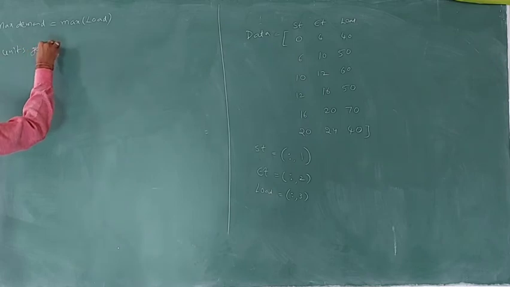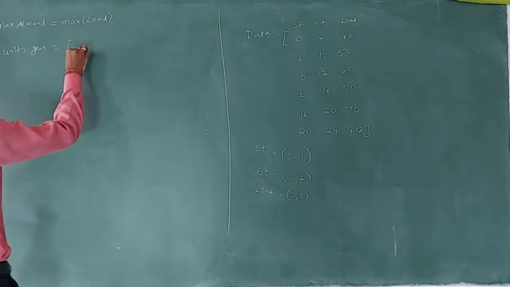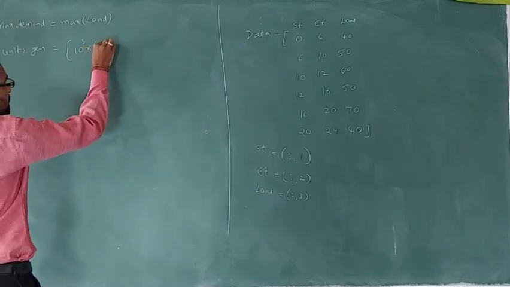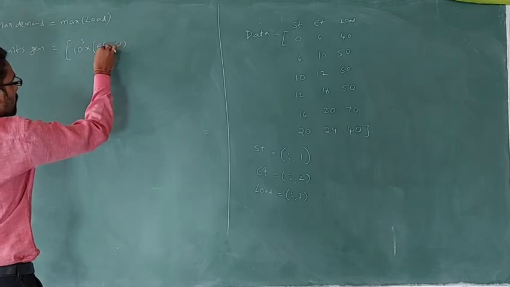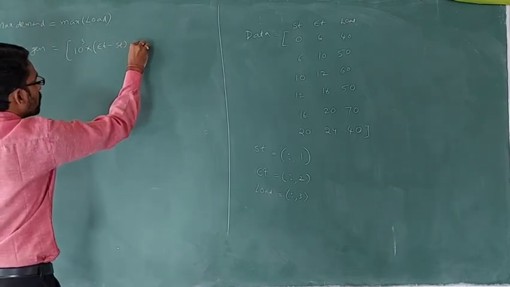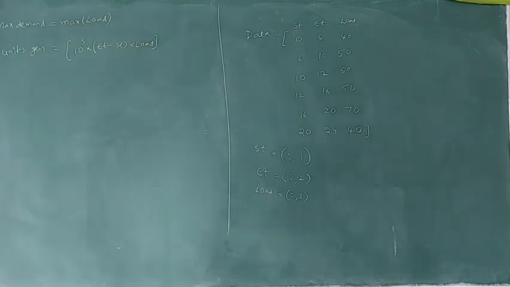Units generated is equal to, as we have calculated, 10 to the power of 3 into end time minus start time into load. So that is your formula: end time minus start time into load.